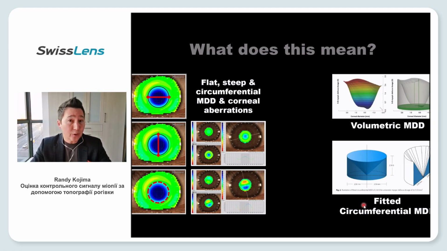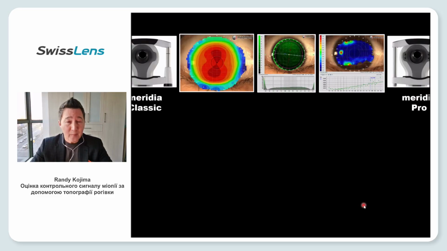Are we getting a good ortho-K outcome, but a poor myopia control outcome? We don't have to send the patient away for 6 months or a year to find out whether the lens is going to do a good job or not. So, very exciting study.